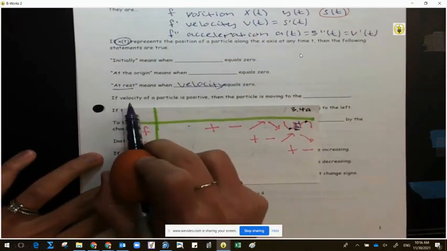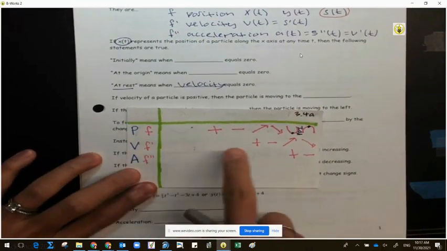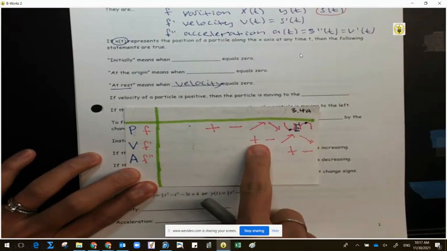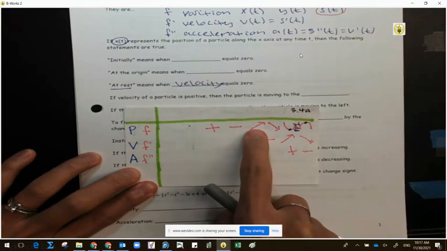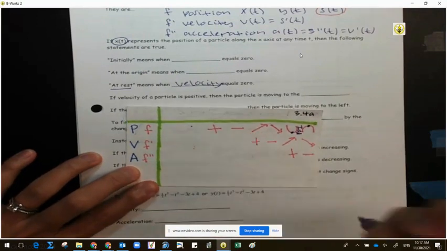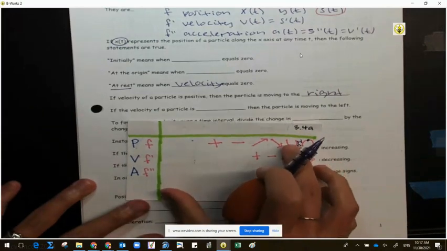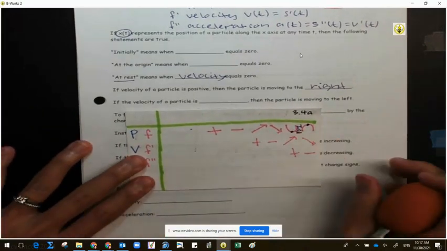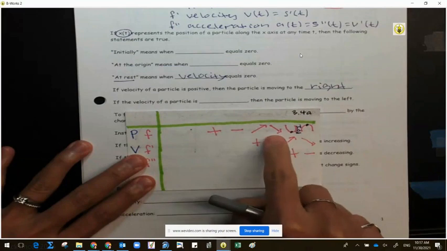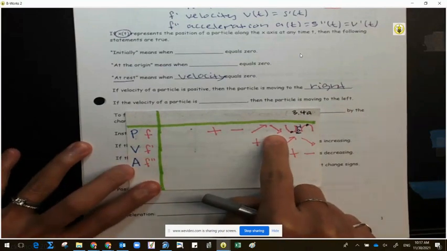So in this case, if the velocity of the particle is positive, do we all see positive? Then the particle is not going up. But in our case, since it's x of t, it is going to the right. And on the bottom, the particle is moving to the left. That will be considered moving to the left if the velocity is what kind of sign? Negative.